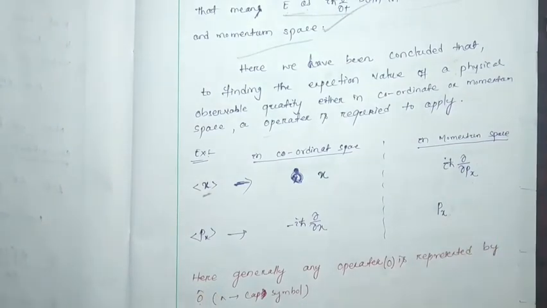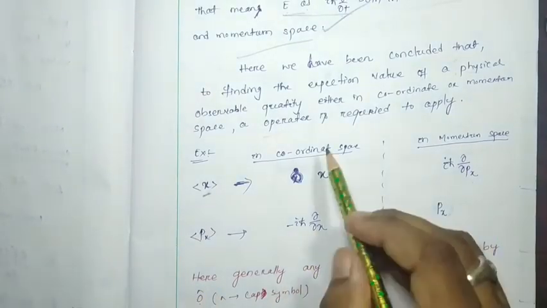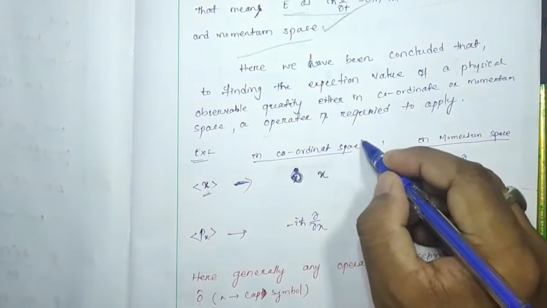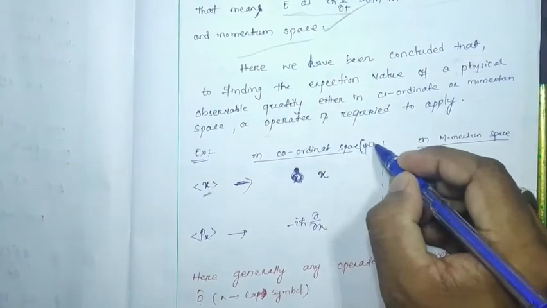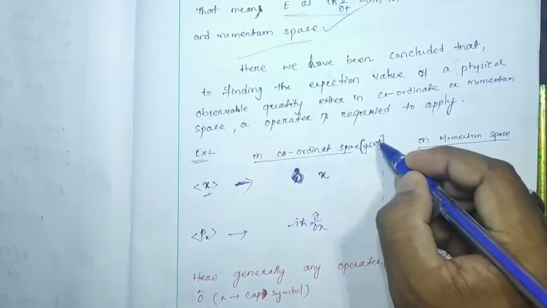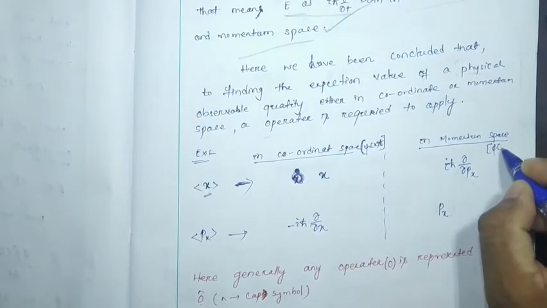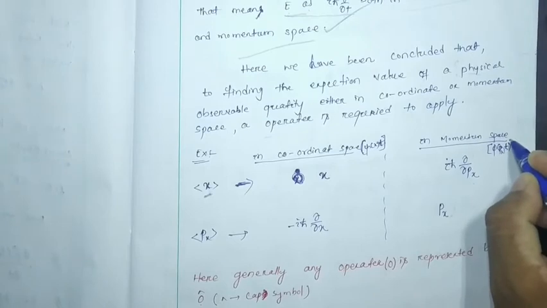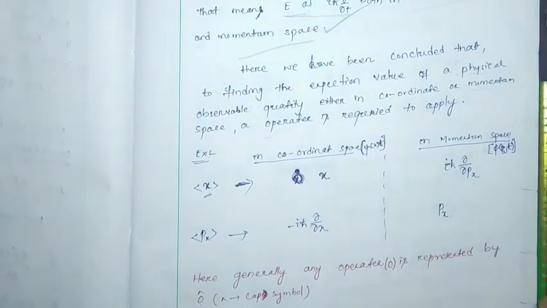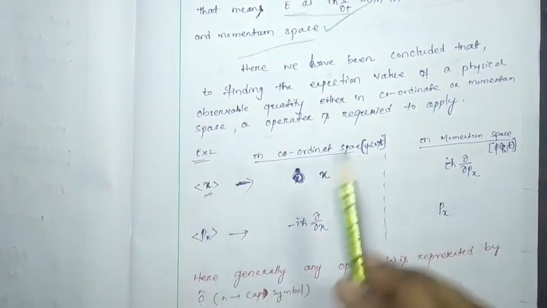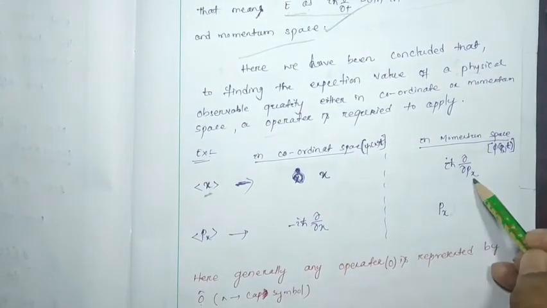So if we want to find the position from the coordinate space, we write psi x t, this is one dimension, no problem. From the momentum space, phi px t, if we want to find the position, then the operator is i h cross del by del px.